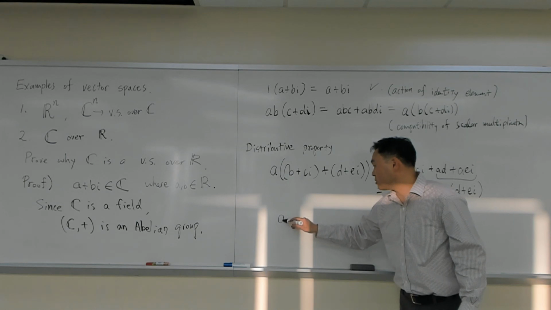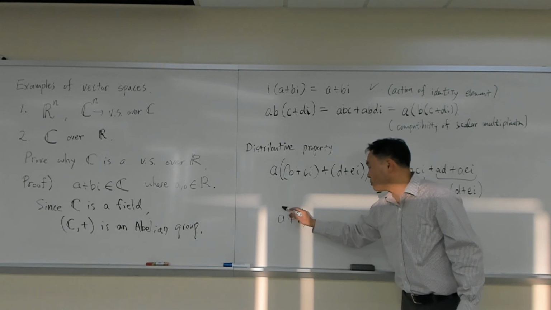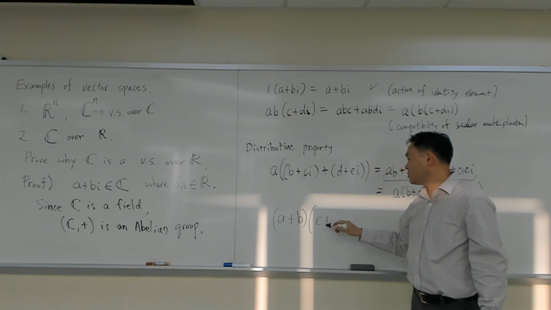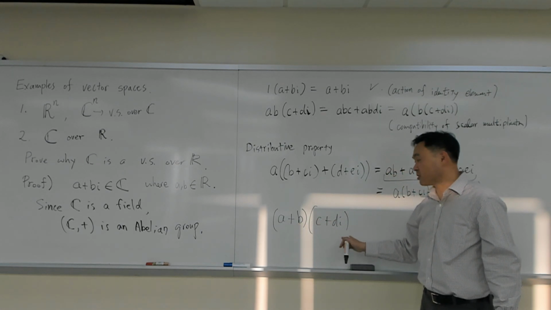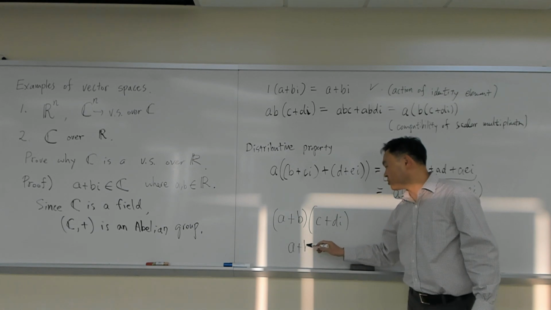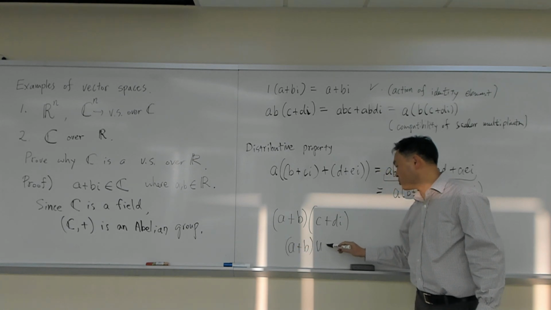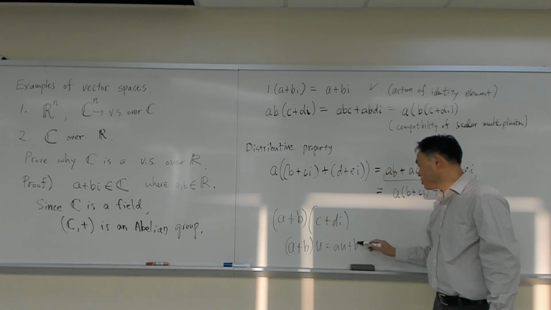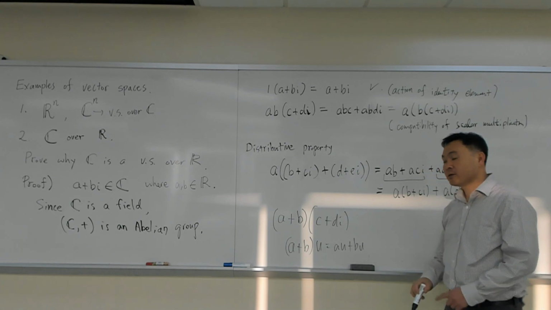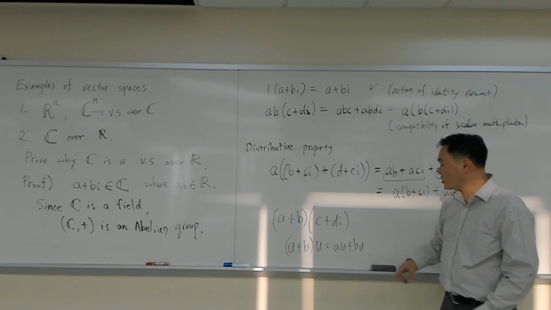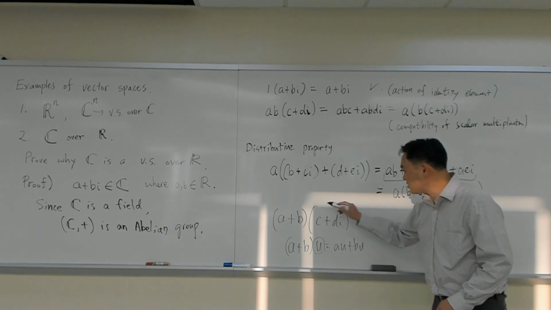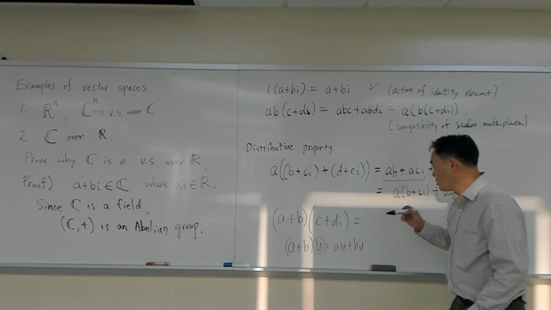And there's the other way, right? The other way is when you have A plus B times C plus DI. So these are the two scalars, and this is one vector. And I'm really thinking of this rule: A plus B times U equals AU plus BU. Right? So in order to show this, since my U is this guy, what are we trying to show?